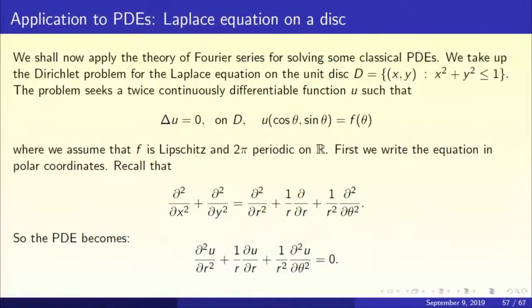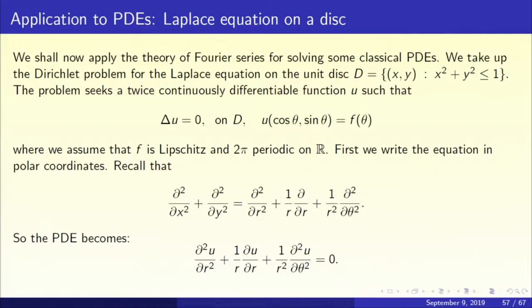It reads del 2 by del x squared plus del 2 by del y squared equals del 2 by del r squared plus 1 upon r del r plus 1 upon r squared del 2 by del theta squared. That's an easy exercise. I'll leave it to you to do. So what happens to the PDE? The PDE simply becomes del 2u by del r squared plus 1 upon r del u by del r plus 1 upon r squared del 2u by del theta squared equal to 0.